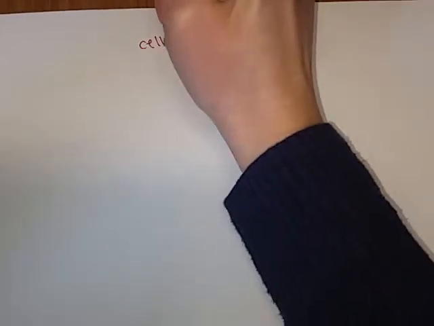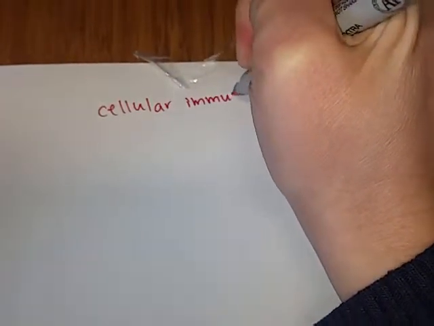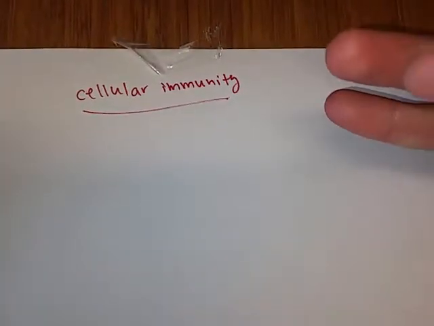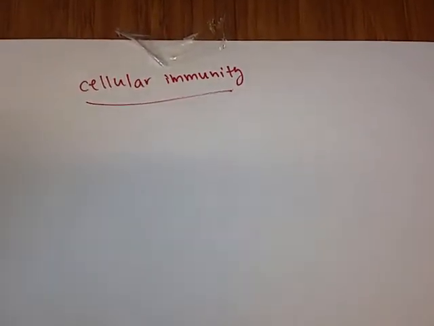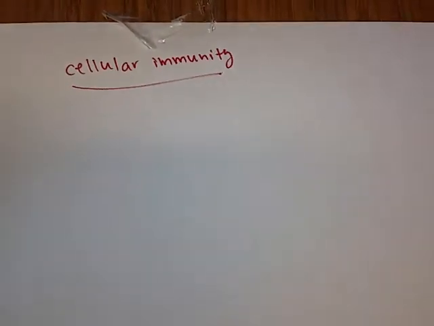All right, so we're going to start with cellular immunity. So remember, this is going to be our immune system trying to kill off our own cells that have been infected by either a virus, bacteria, parasite, or even if our cell's just gone AWOL and is cancerous.